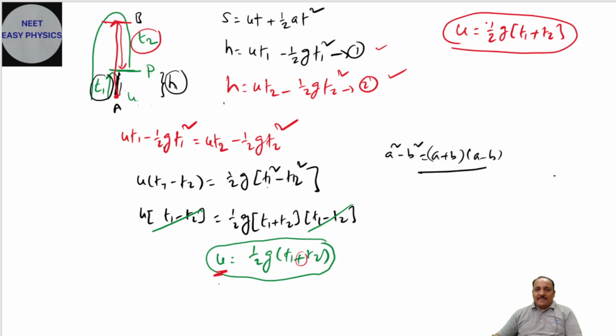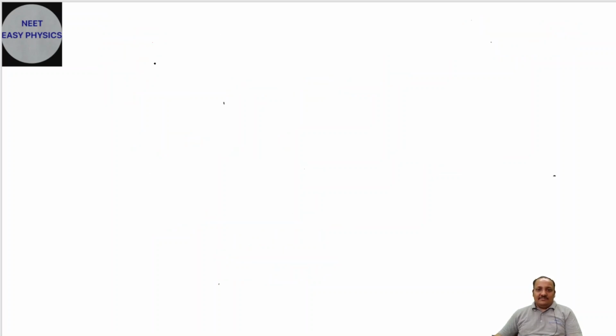Now at what height are those going to meet? At what height they are going to meet means you have to put this equation in either 1 or 2. In any one equation you put it, you will get the height. Shall we see what height you are going to get? So take equation 1: h is equal to ut1 minus half g t1 square. What we got for u is u equal to half g (t1 plus t2).